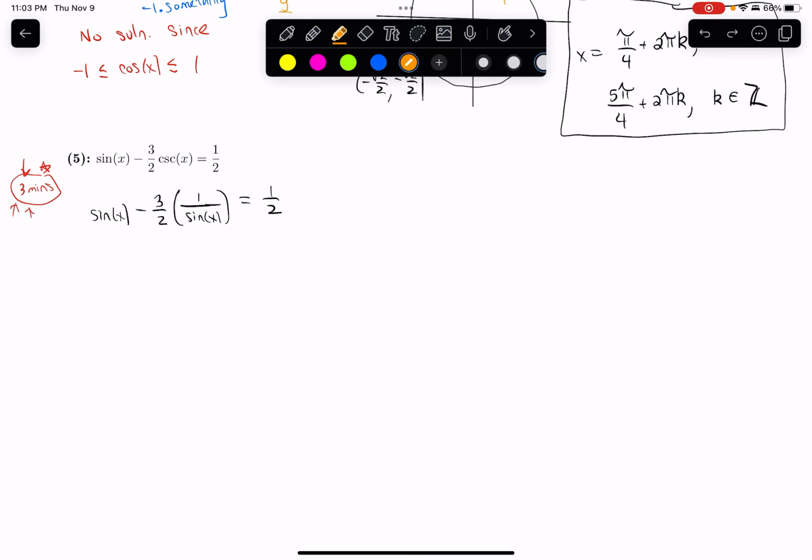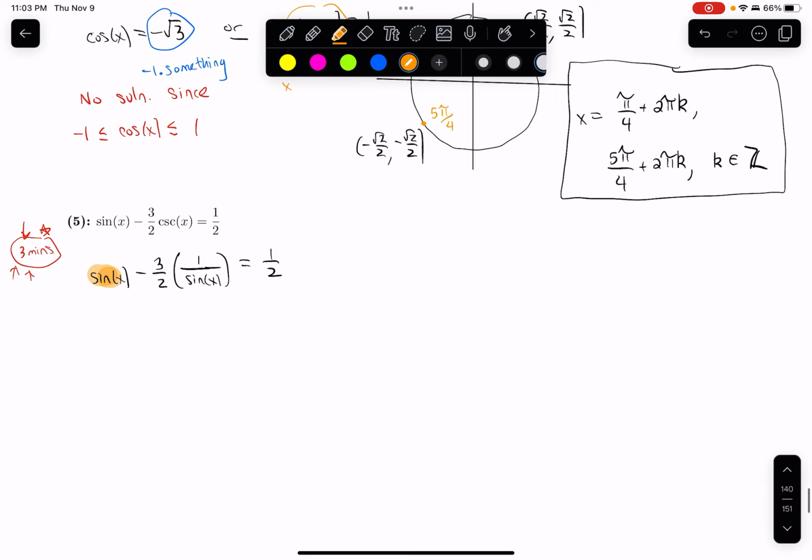Like I'm seeing a sine x here. Oops, sorry. I am seeing, let me highlight in different color, sine x here, and I see another sine x here. So let me try substituting for it. I'll pick a new variable like u, and I'll let u be sine x. Okay.